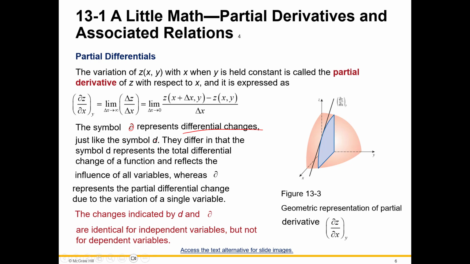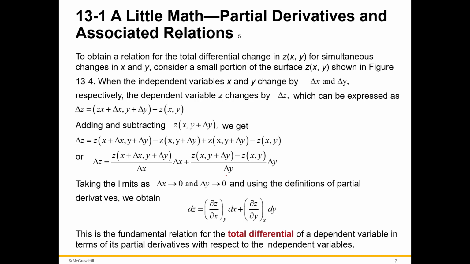They do differ in that the symbol d represents the total derivative of the function, and it reflects the influence of all of those variables when you're taking the total differential. Whereas this backwards d, or script d, whatever you want to call it, represents the partial derivative change. So it's just the partial, not the full derivative that we're taking.